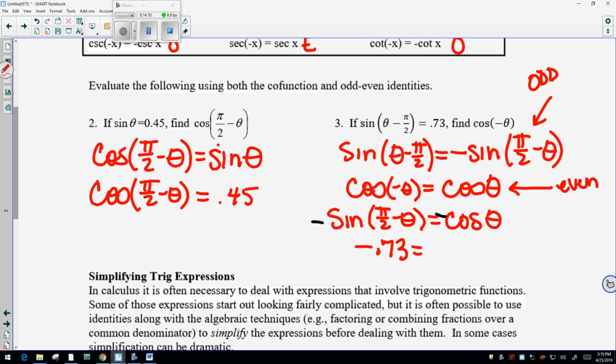Well, we know cosine of theta is equal to negative cosine of theta. That's what we're trying to find here. But the only difference here is that I have it negative. So I know negative 0.73 is equal to our negative cosine theta, which would bring us right back to the idea that we're trying to find cosine of negative theta, and those would have to be equal. A little bit more challenging.